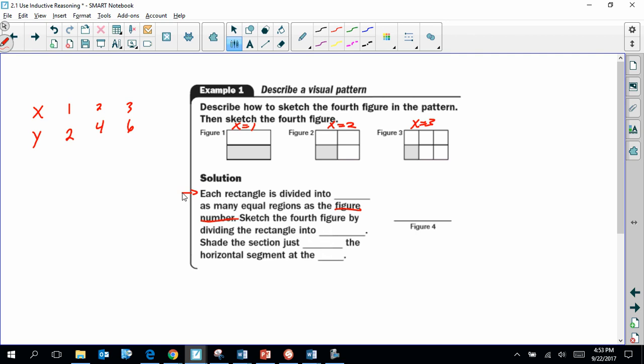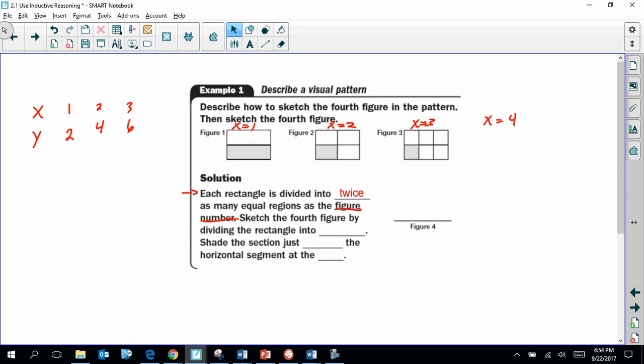So it makes sense, according to the pattern we're seeing, that if x is equal to 4, I should have a figure divided into 8 equal regions, because whatever x is, we're doubling it to find out how many equal parts we're dividing it into.